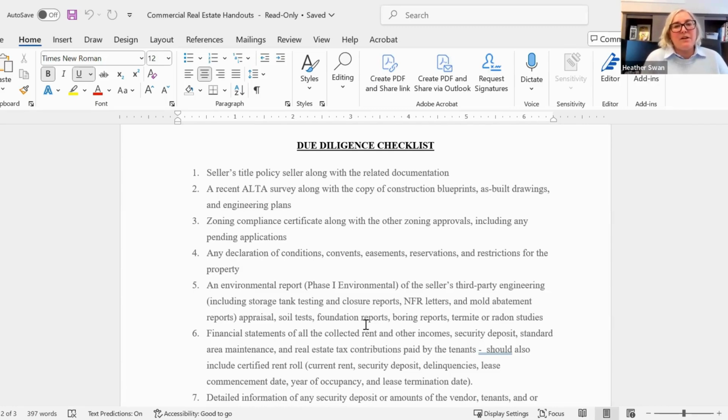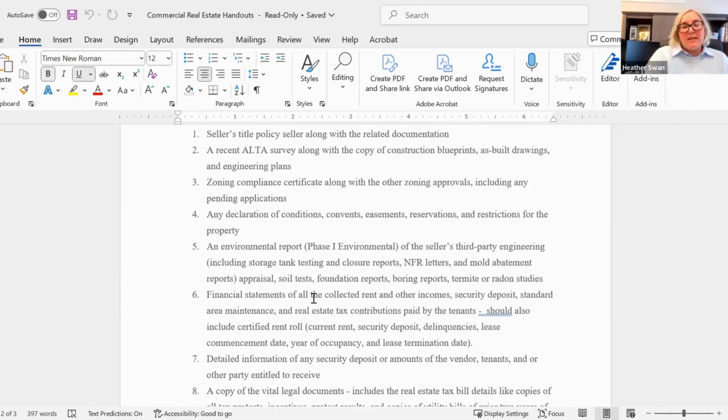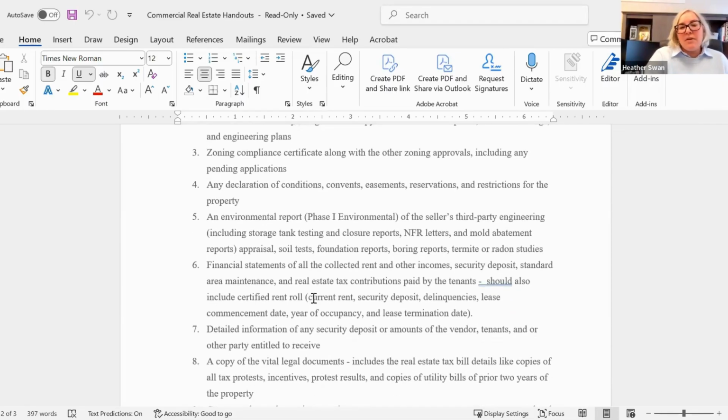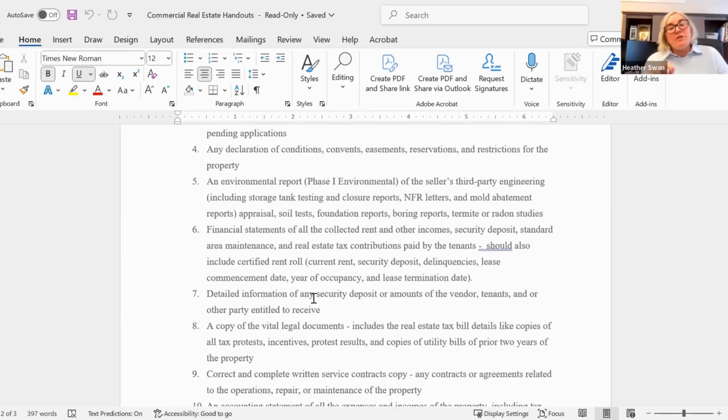In most cases, the lender will require it. But also you're going to want the seller to provide you with any ALTA survey that they have, as well as certificates of occupancy and drawings and anything like that. Depending on what is going into the property, maybe you might need to confirm the zoning or know the zoning, which is important as an agent when you're showing your client property, right?